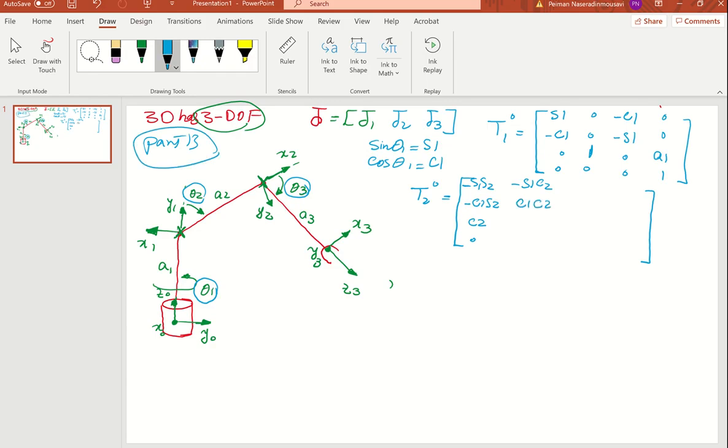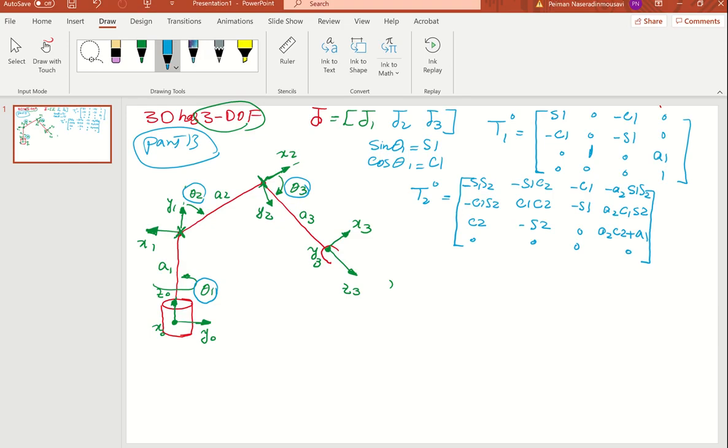Cosine 1 cosine theta 2, minus sine theta 2, 0, minus cosine theta 1, minus sine theta 1, 0, 0, and here minus a2 sine theta 1 sine theta 2. Here was a2 cosine theta 1 sine theta 2. Here was a2 cosine theta 2 plus a1, and the 0.